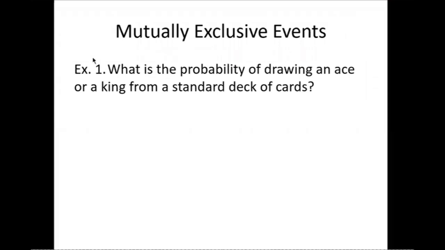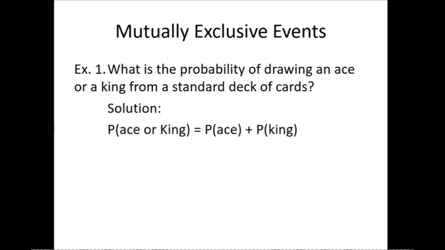For example 1, what is the probability of drawing an ace or a king from a standard deck of cards? For the solution, the probability of ace or king is equal to probability of ace plus probability of king.